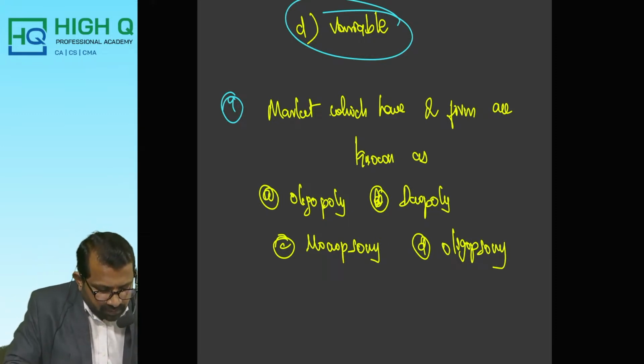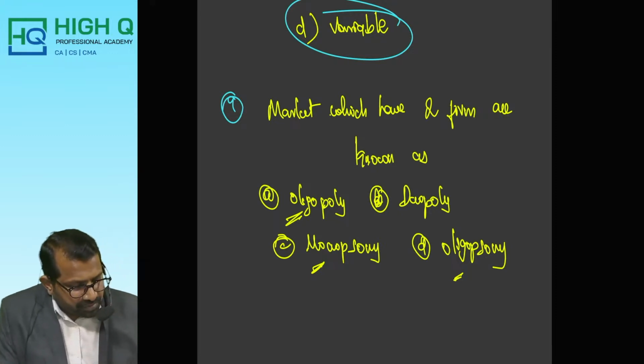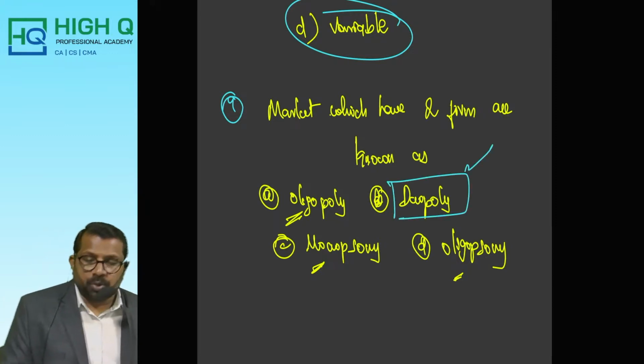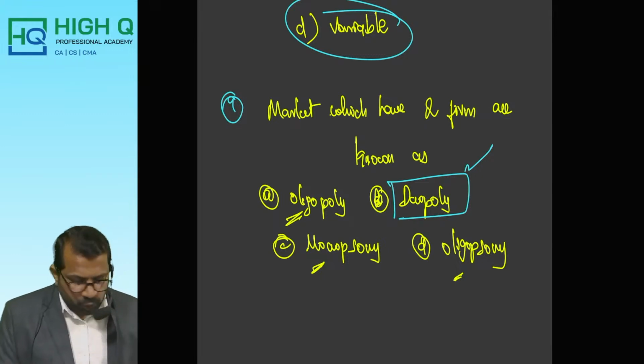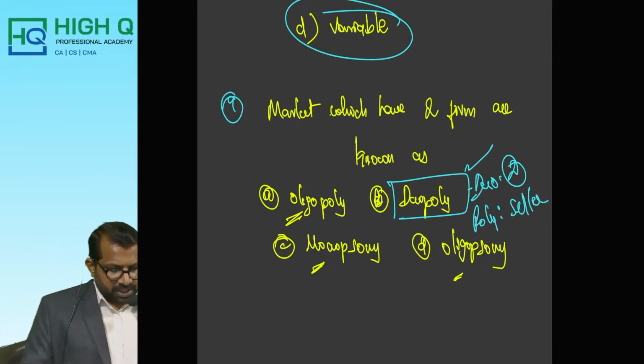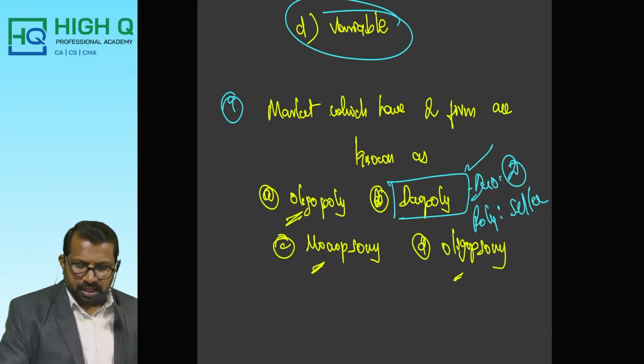So you know very well, oligopoly has only a few sellers. Now we have discussed, okay, a market having two firms, the answer is duopoly. Duo means two. Poly means seller. So how many sellers in a duopoly? There are two sellers in a duopoly.